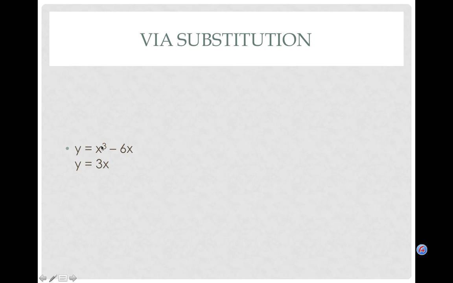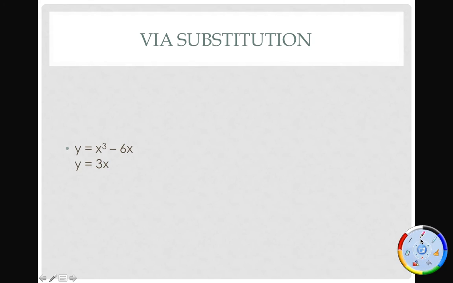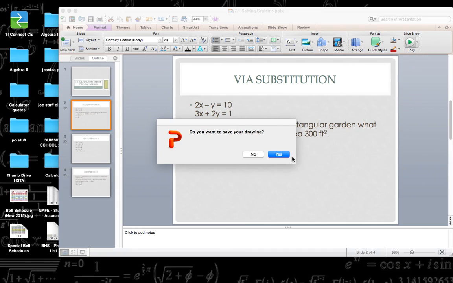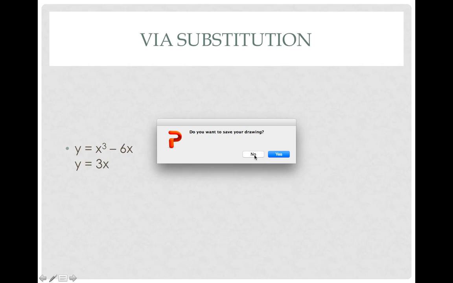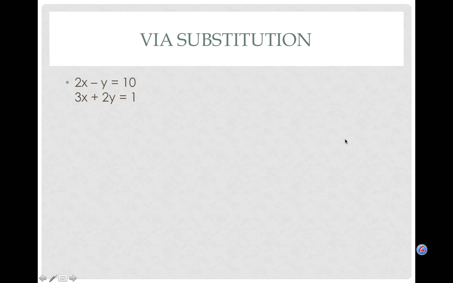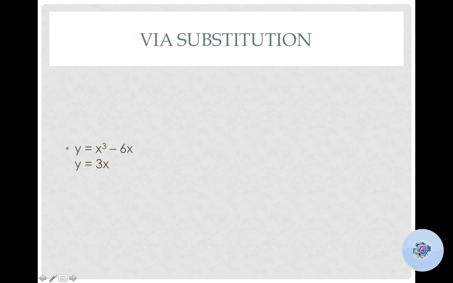Here we have y equals x cubed minus 6x, and we have y equals 3x. Well, this is kind of nice because graphically, let's get my pen going here again. Oh, my goodness. Wow, all sorts of problems today. Okay, let's try this again.